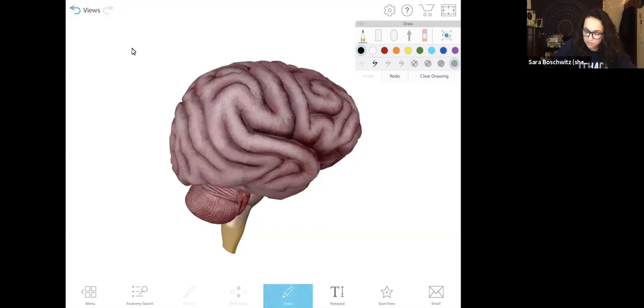All right. So we're looking at the lateral side of the brain. So let's start with. Right. So these are going to be two that don't actually have functions, but this is going to be the general name of this structure.